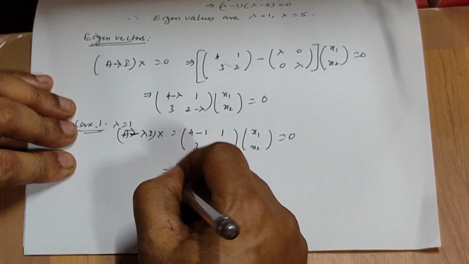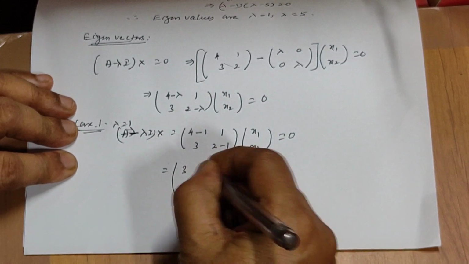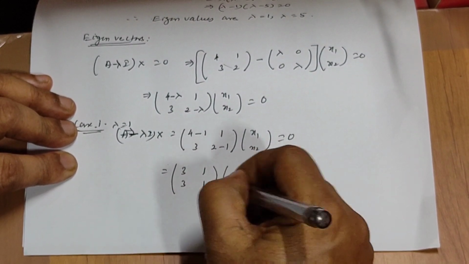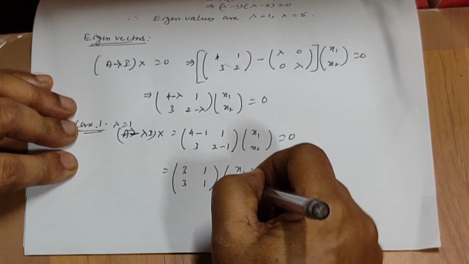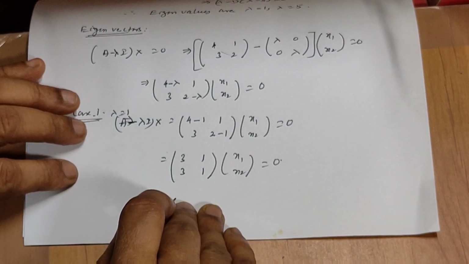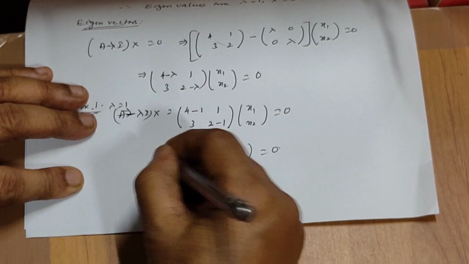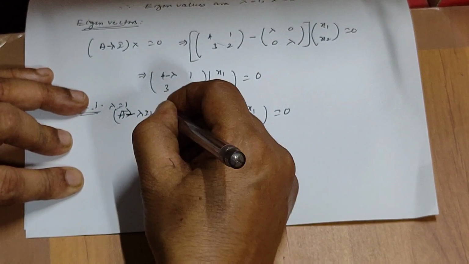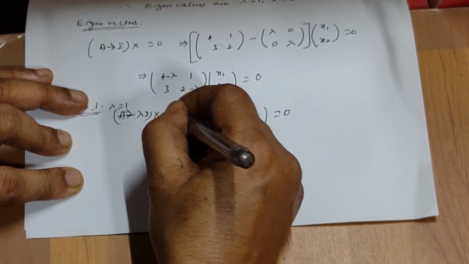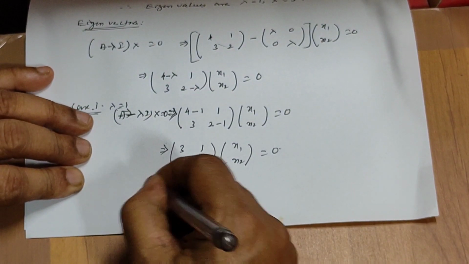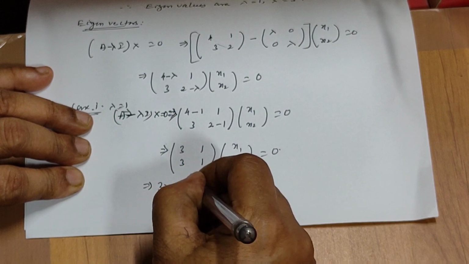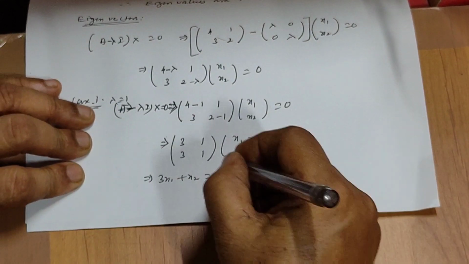So what you'll get here is 3 and 1, 3, 1, x1, x2, equal to 0. This implies 3x1 plus x2 equal to 0. Both the equations are the same.